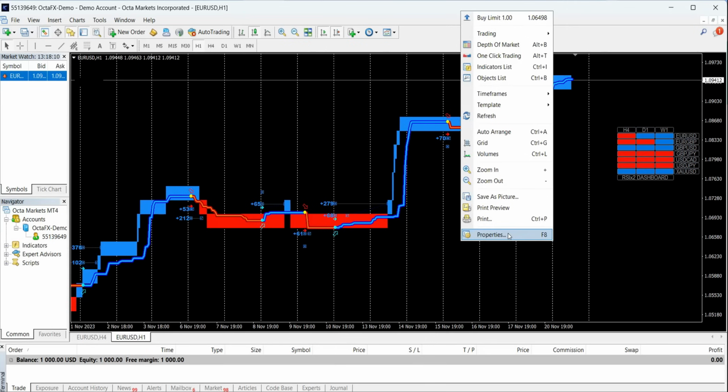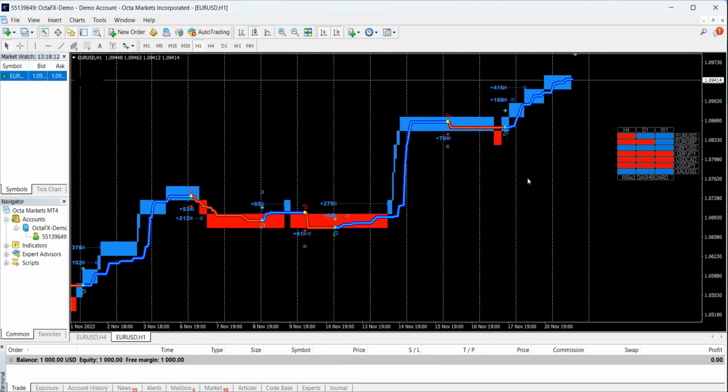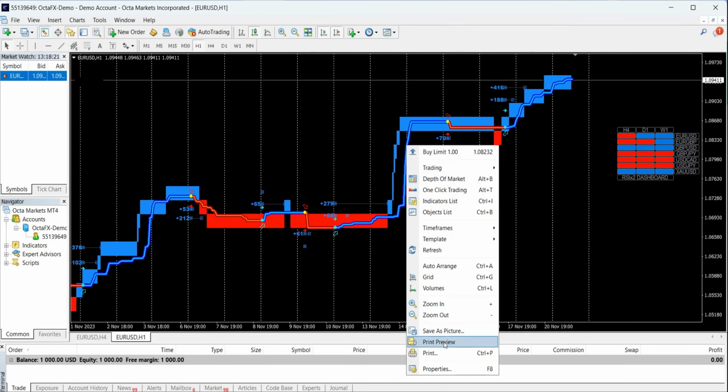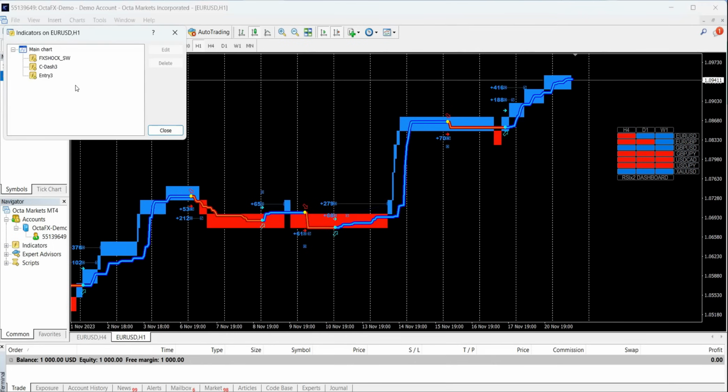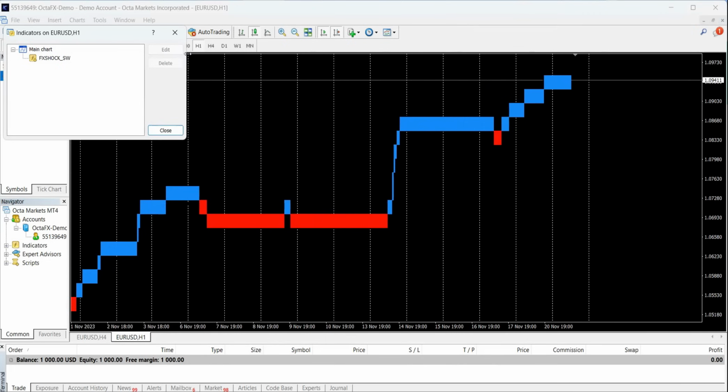So you know about these entry lines already, right? Okay. Now look at this. Is there any noise? Is there any wick on your chart? There's no wick. So let me remove this also. So this is just your chart.